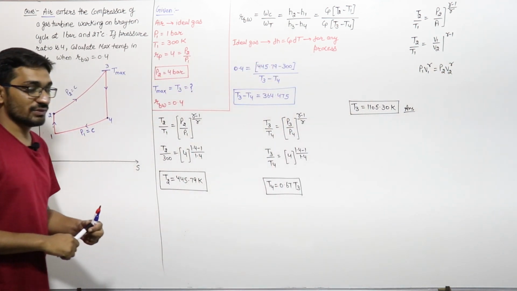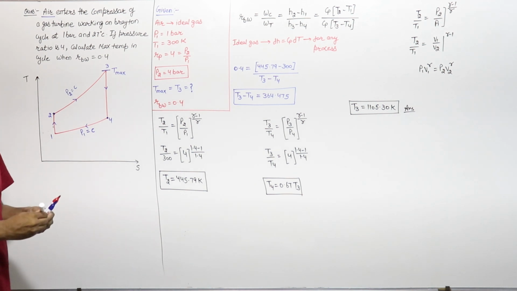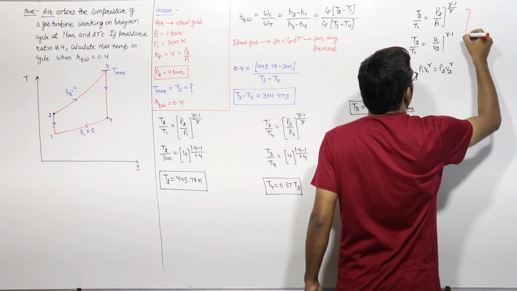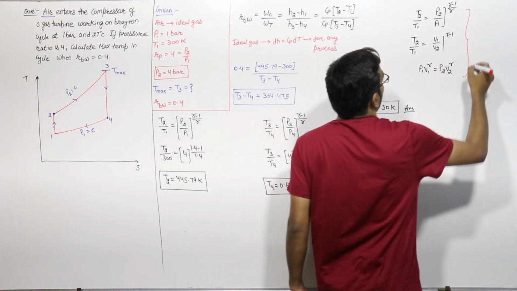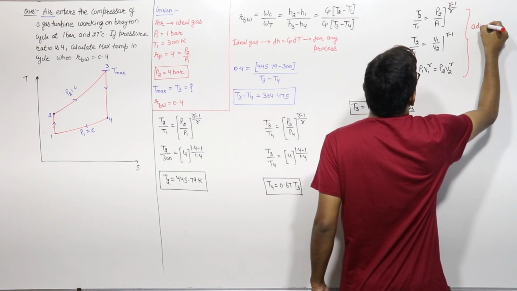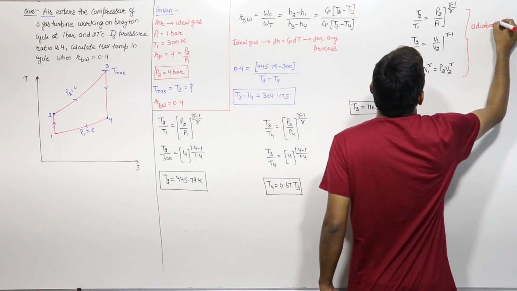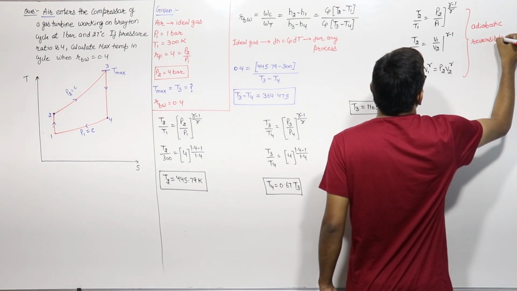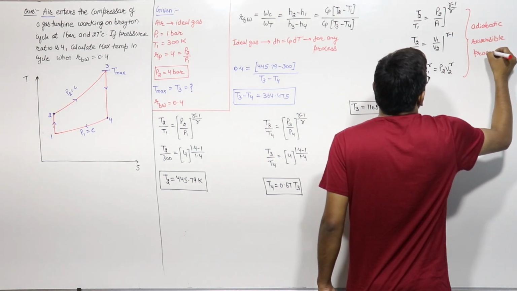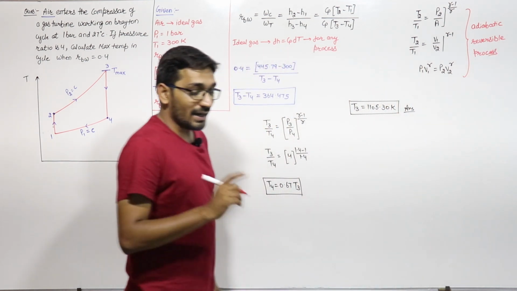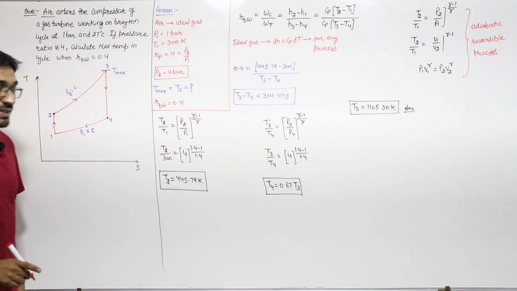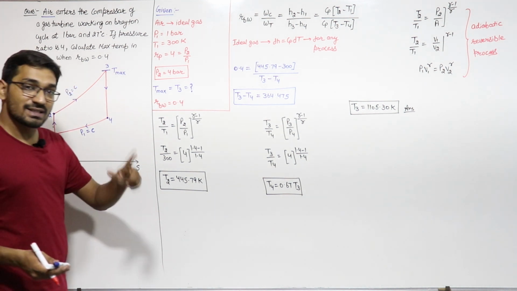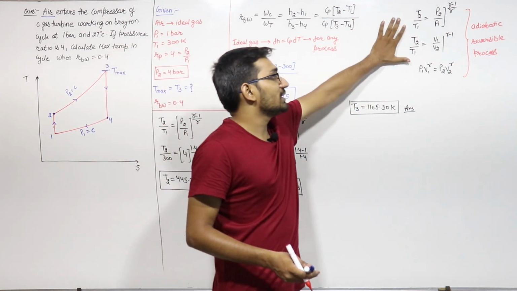These three relations we all know, but one thing I just want to add here, that they are only valid for an adiabatic reversible process. If the adiabatic process is not reversible, then you cannot use these equations.